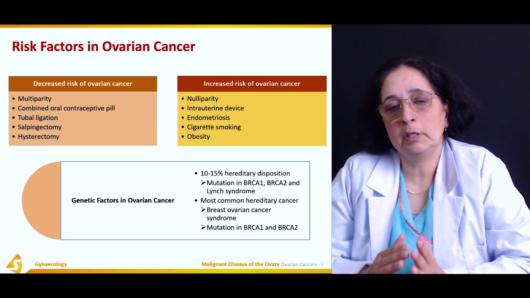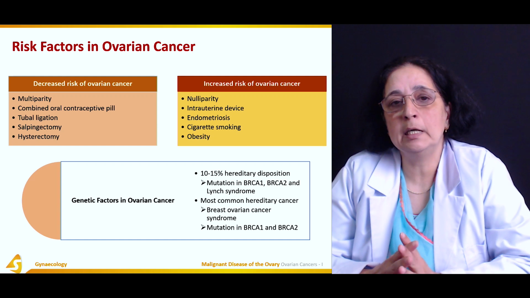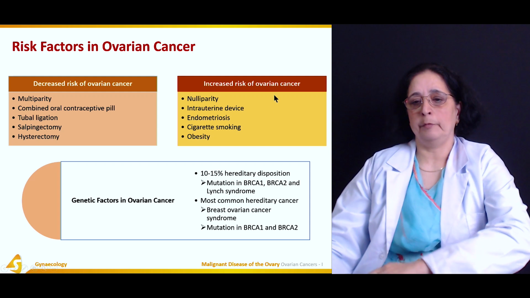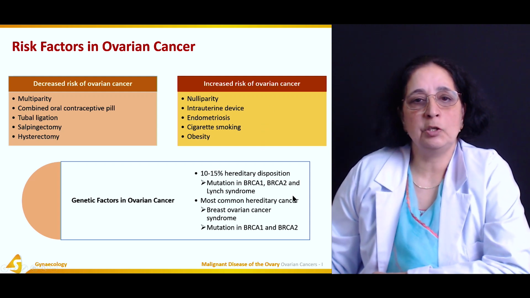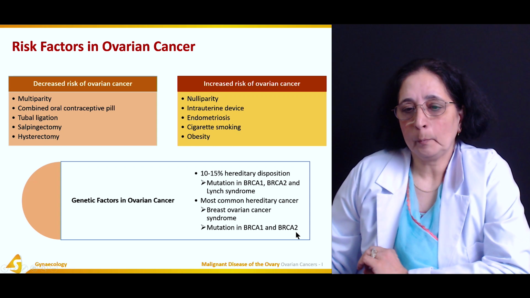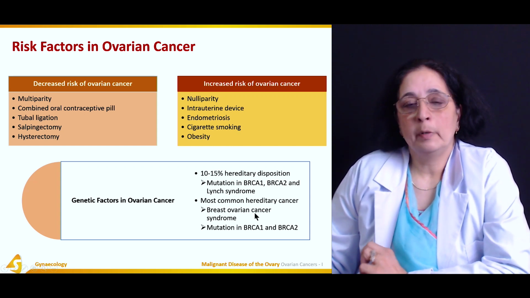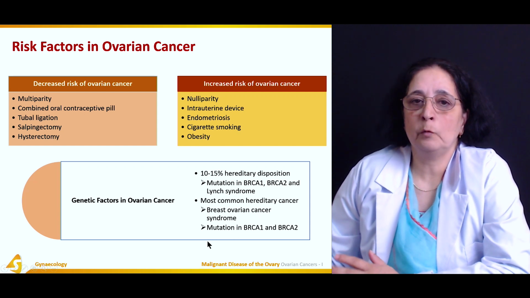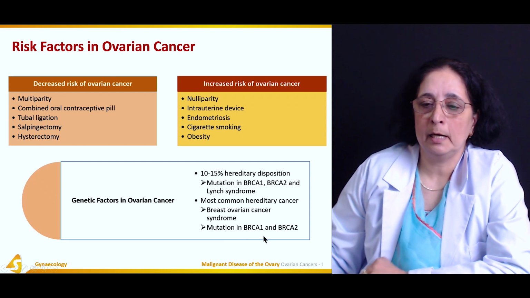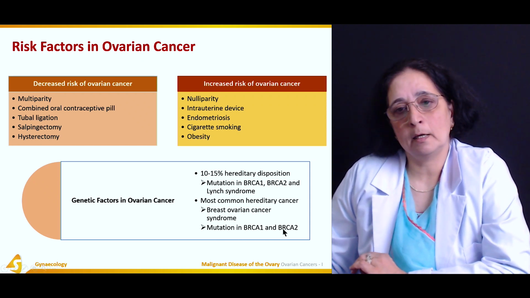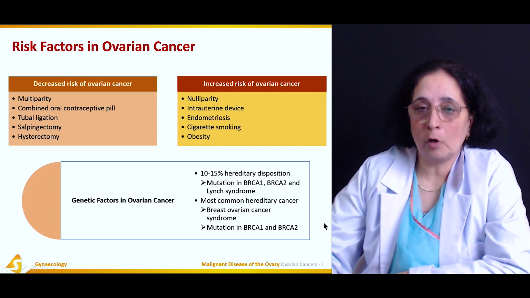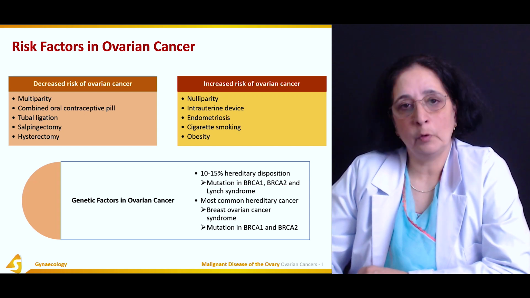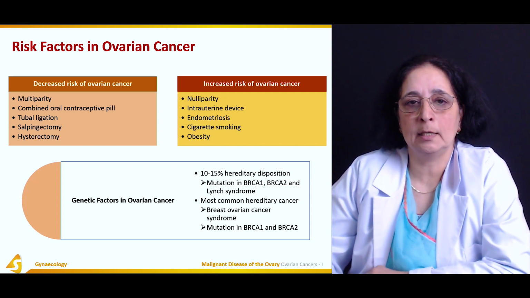So these are related to genetic predisposition. Any mutations in BRCA1 and 2 lead to ovarian cancer. The most common hereditary cancer is breast-ovarian cancer, mostly due to mutation in BRCA1 and BRCA2. So these are some common factors that lead to increased risk of ovarian carcinoma or ovarian cancer.